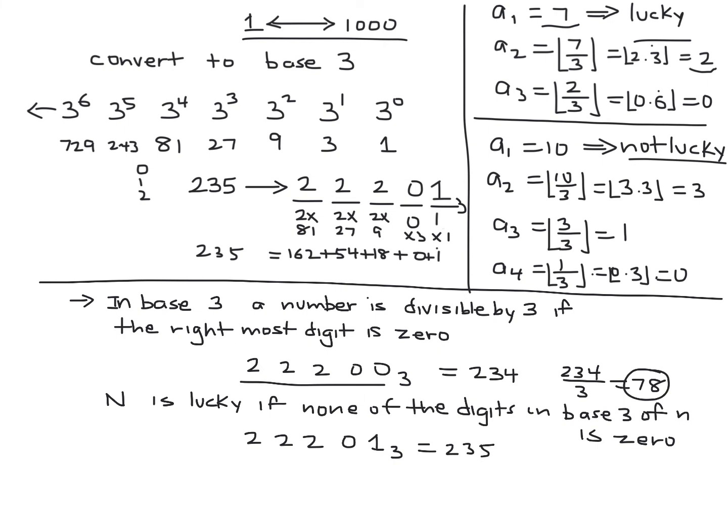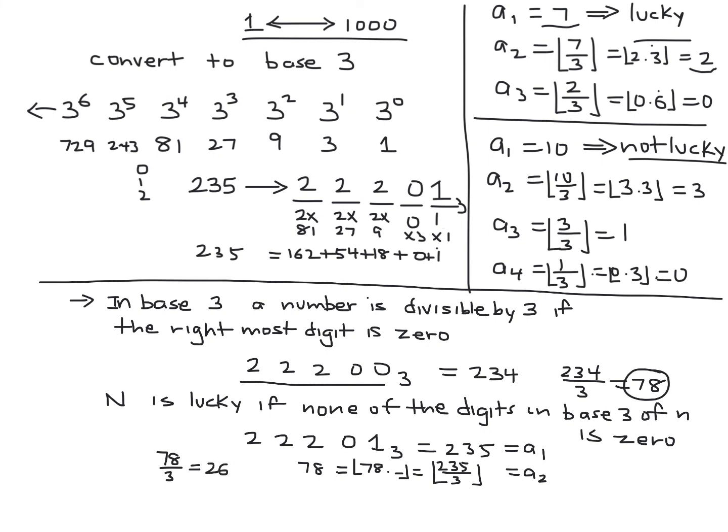Let's say this was my A1. Then A2 is 235 divided by 3, that bracket business, which is about 78 point something, and when you drop the decimal, it's going to be 78. Well, guess what? 78 is divisible by 3. 78 divided by 3 is what, 26?